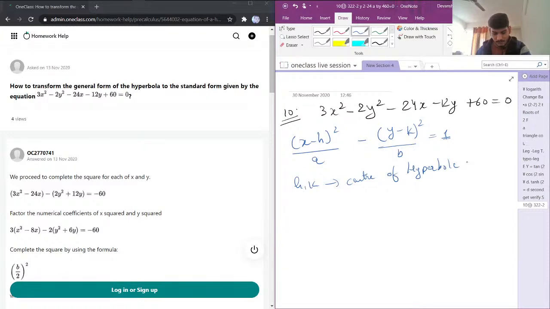Then we have the length of the transverse axis, 2a.